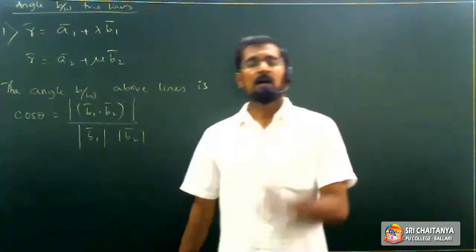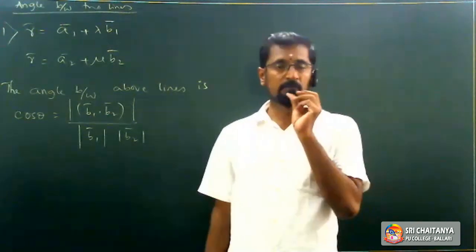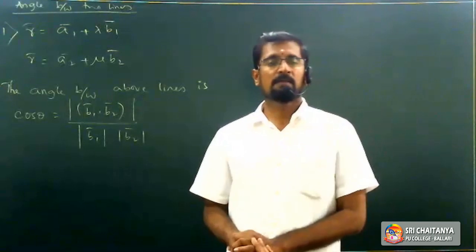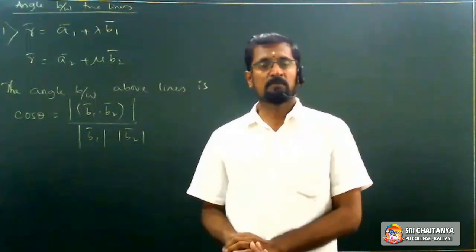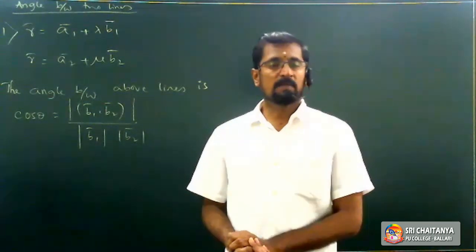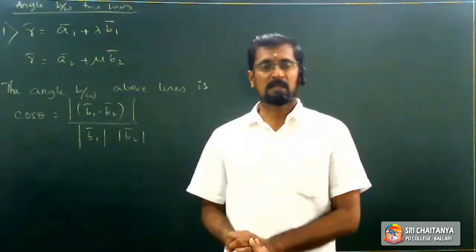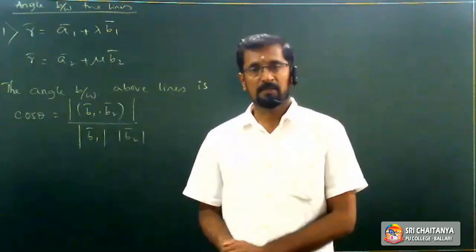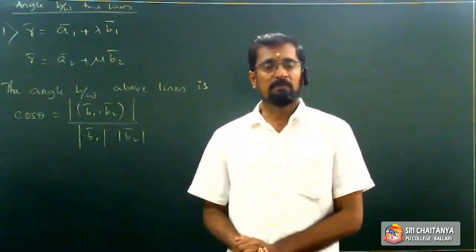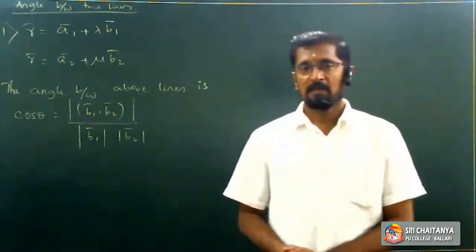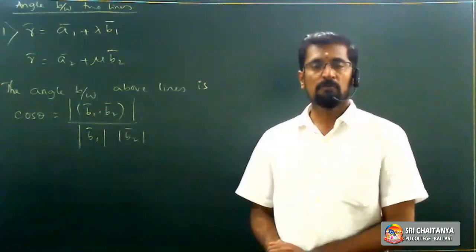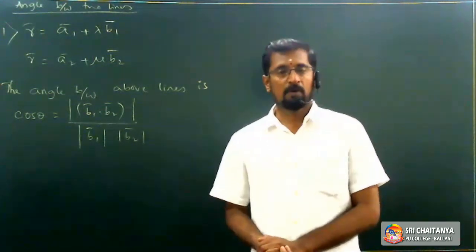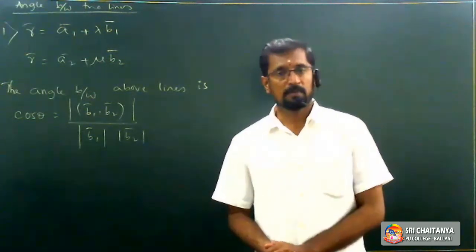If r bar is equal to a1 bar plus lambda b1 bar is one line, and r bar is equal to a2 bar plus mu b2 bar is the second line, which represents the vector form of two lines, then the angle between these two lines is given by cos theta is equal to magnitude of b1 dot b2 upon mod b1 into mod b2, right?